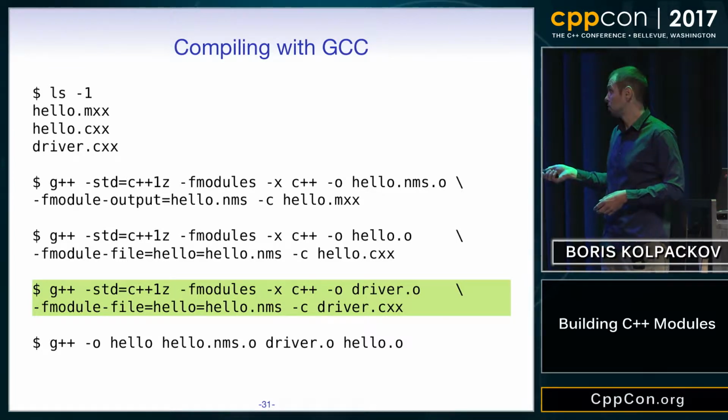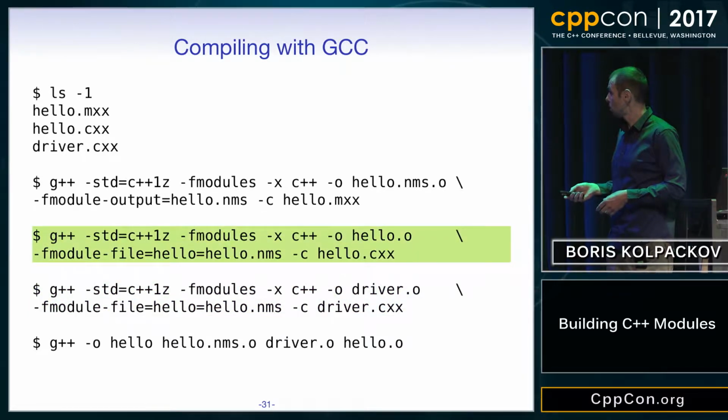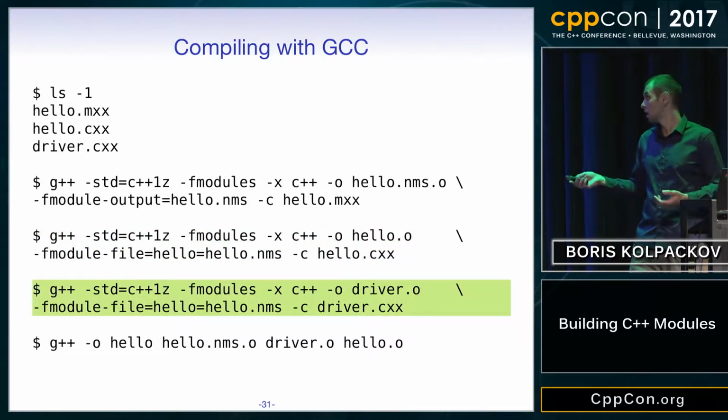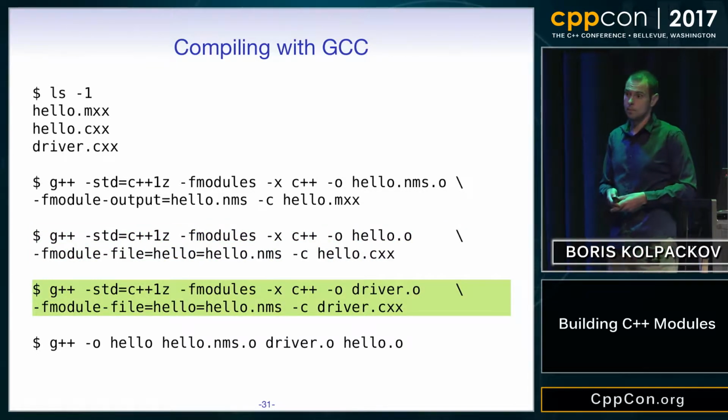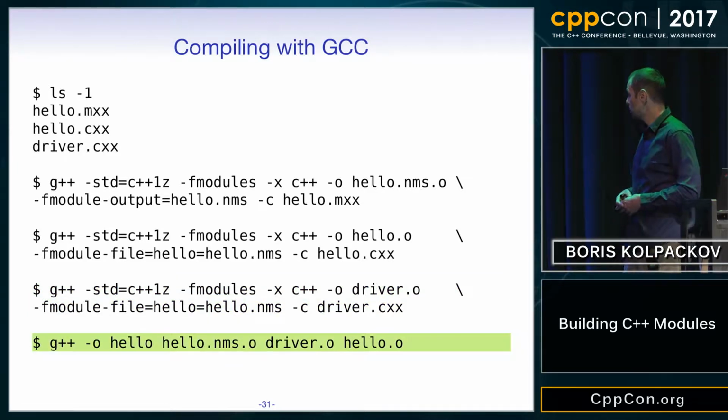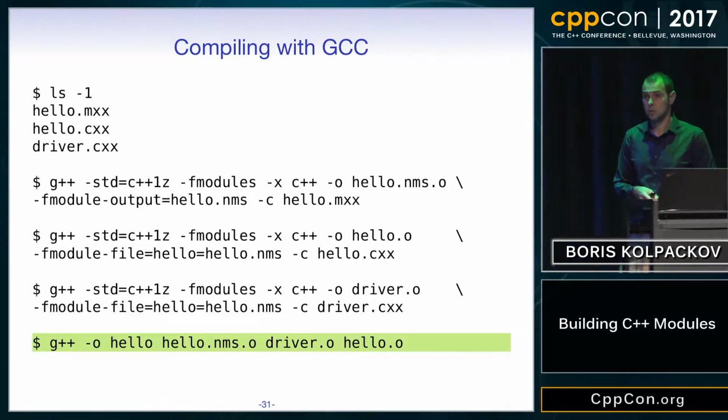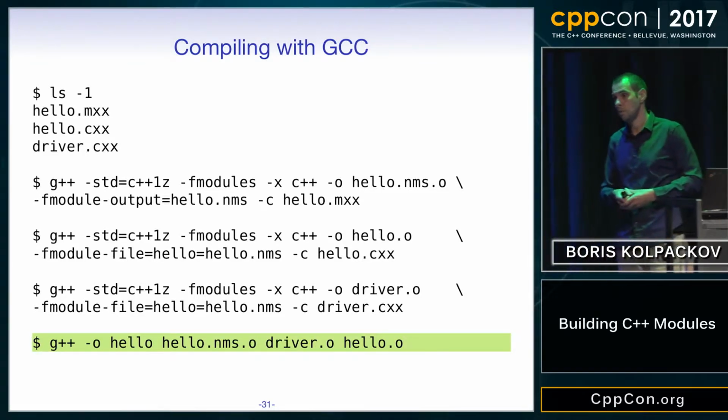In fact, the option is used exactly the same. The reason we have to specify these two options in these two command lines is, in the first case, because it's an implementation of this module. In the second case, it's because we are importing this module. Finally, we link everything together, remembering to also link the object file produced when we build the BMI.